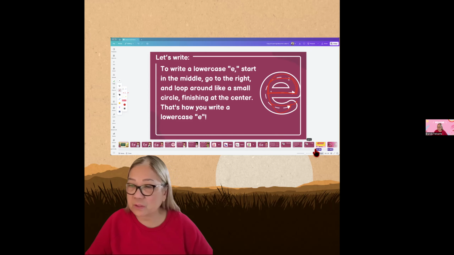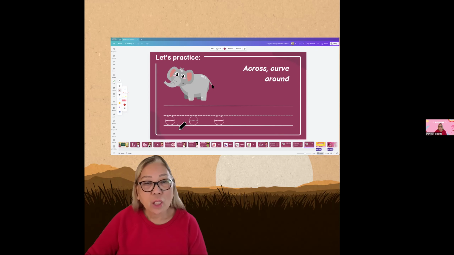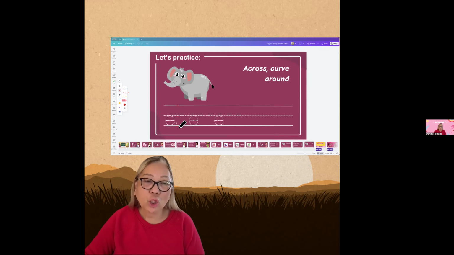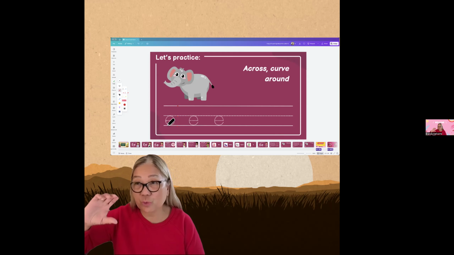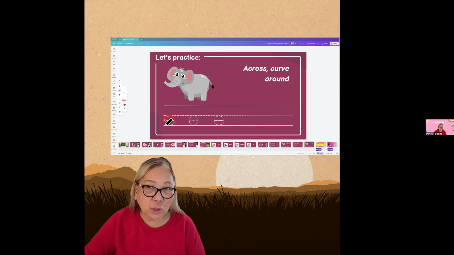It's not that perfect, but let's make it here. You have the first line, the second line, and the third line. You only use the first and the second line. So you start in the middle between the two lines, going right and then curve around.